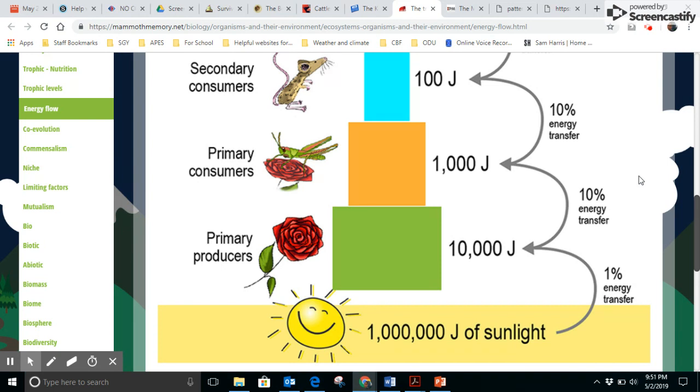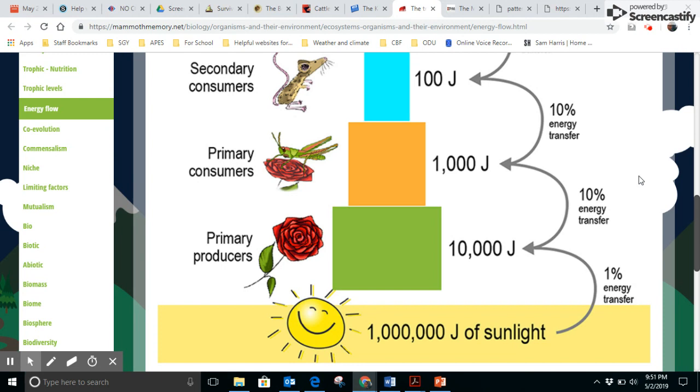So as sun hits plants, you can look at that pretty rose there, you have 1% energy transfer into that. So you need a lot of plants to establish the base of any food pyramid that's going to have multiple levels.